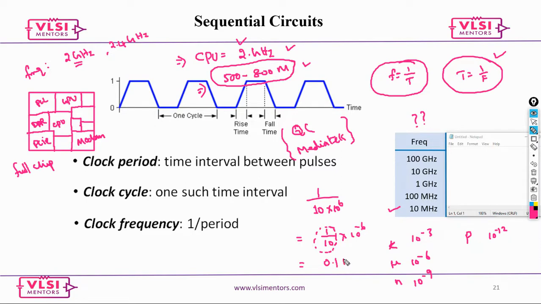So 0.1 microseconds. Now if you convert this into ns, it is going to be 100 ns. The answer for this is basically 100 ns.